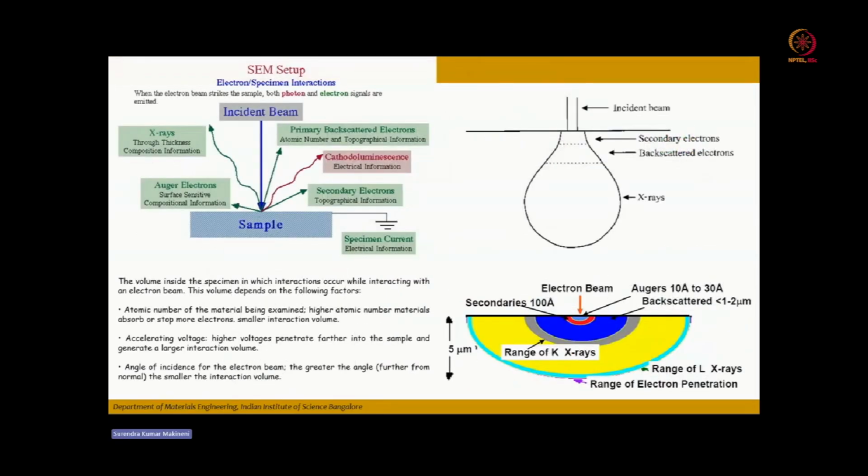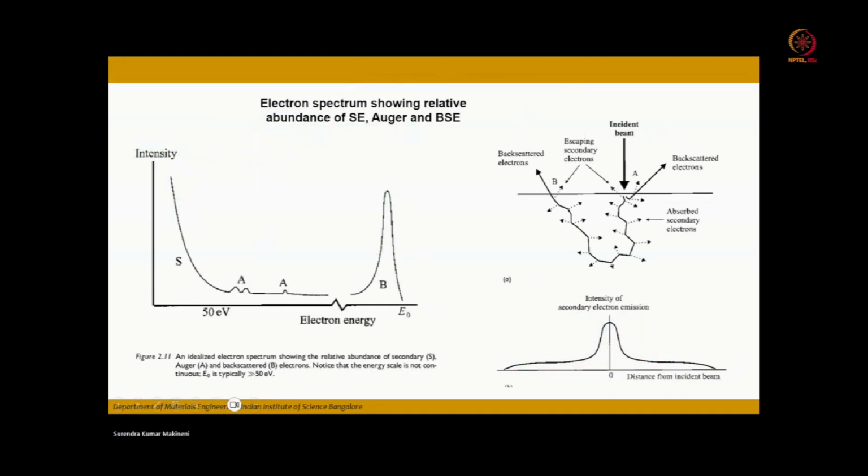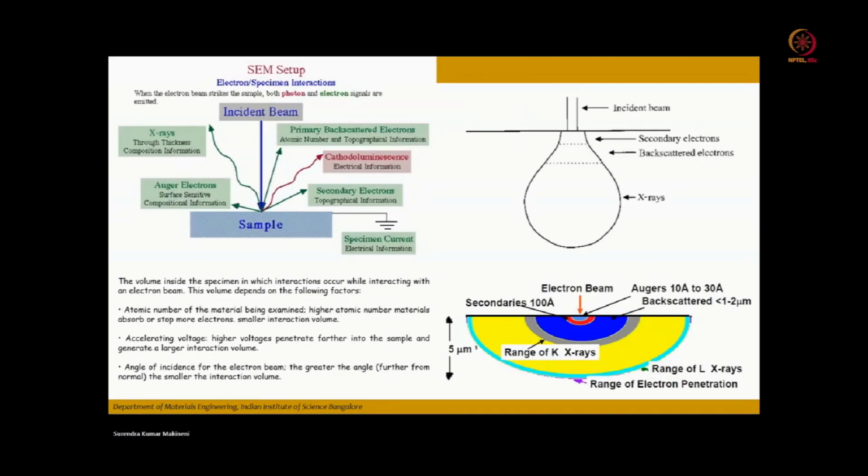Here I am showing you the electron beam once incident on the sample. It will penetrate into the sample surface, and this particular volume is called the interaction volume.